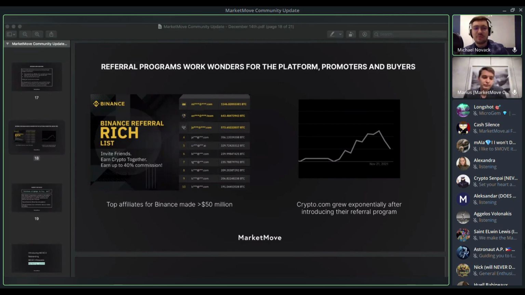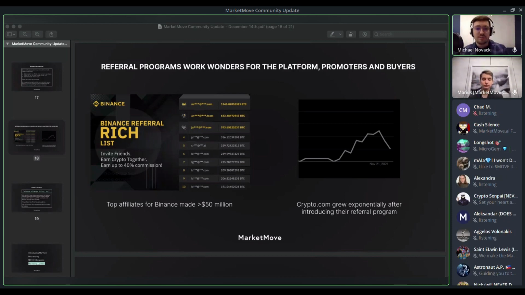Especially, it will be really important to highlight that the Movex Rewards program will be available both to small investors, individual people, and big influencers, because people will be incentivized to really promote MarketMove.